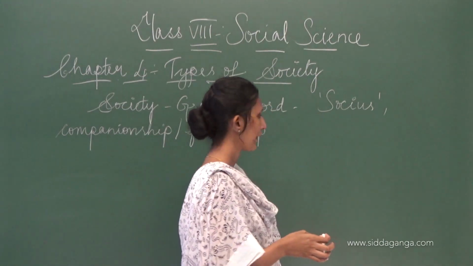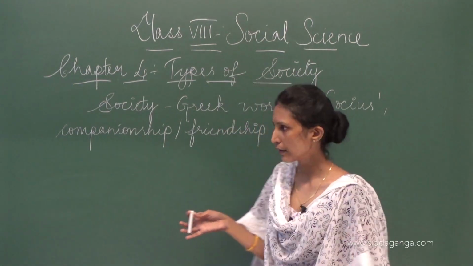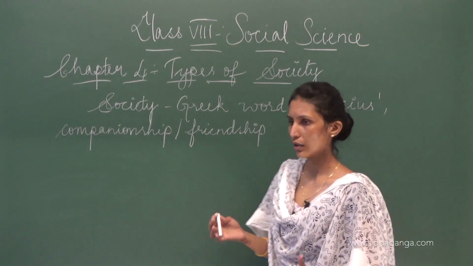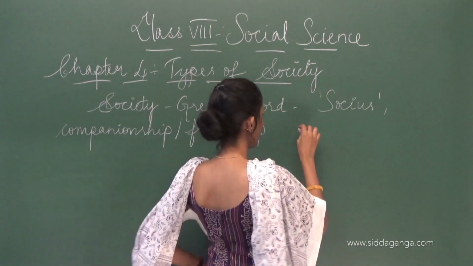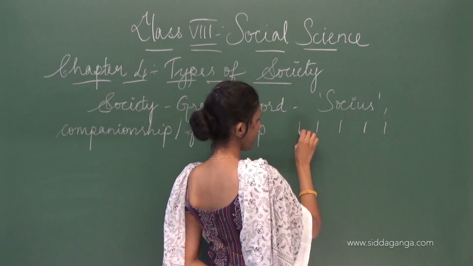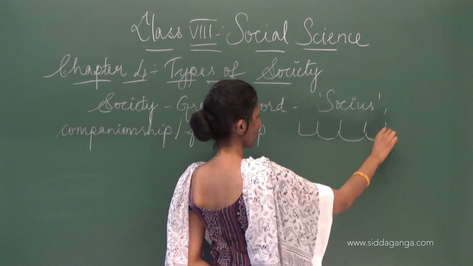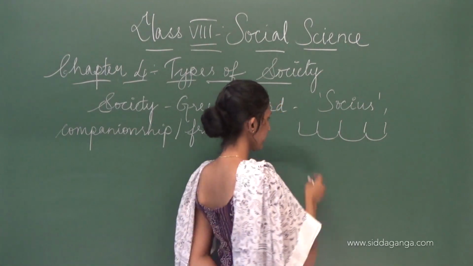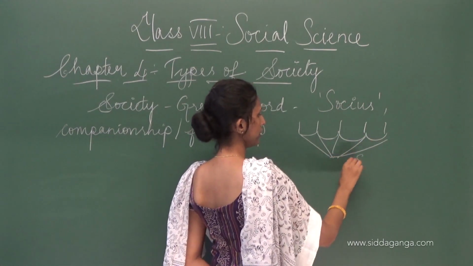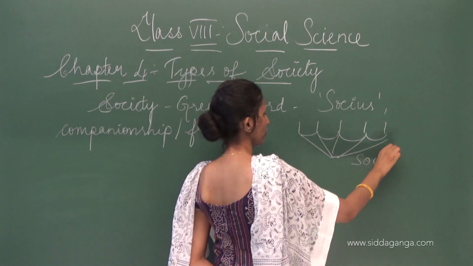Now, out of this friendship and companionship, what structure is formed? Imagine there are like 5 friends. They form a group, and that group together forms the society.